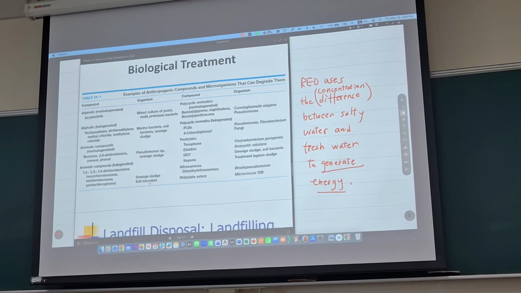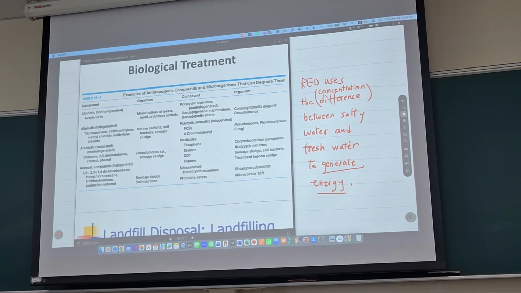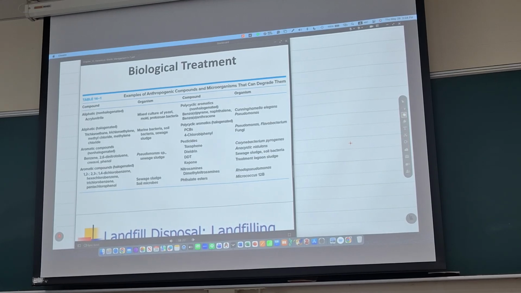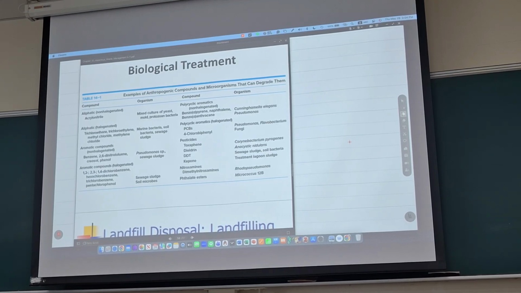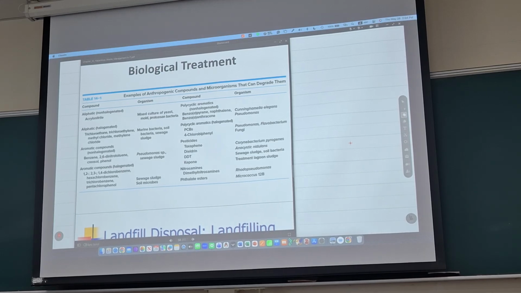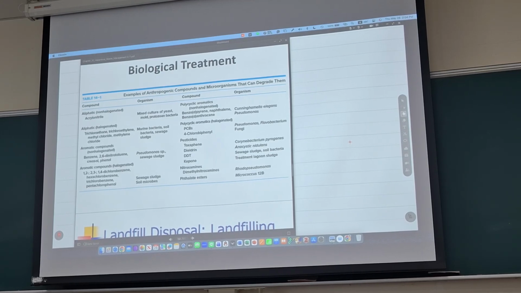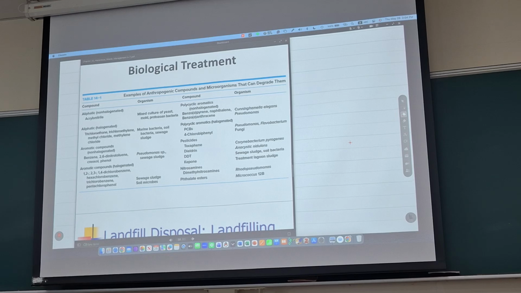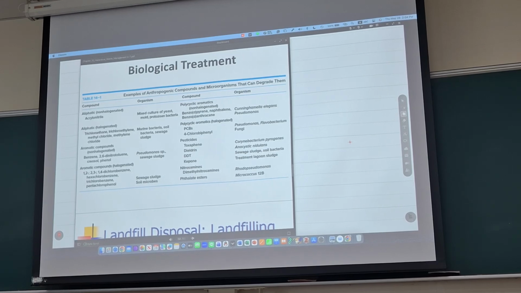Next, everyone okay? I would like to talk about biological treatment. We can also use biological treatment to treat toxic chemicals and hazardous waste.